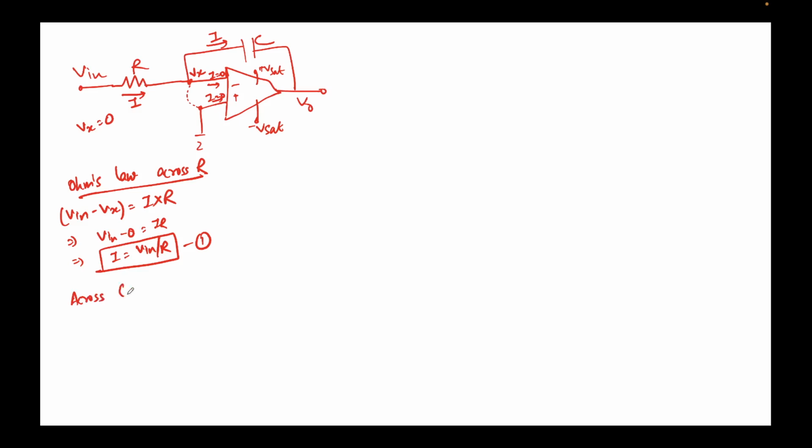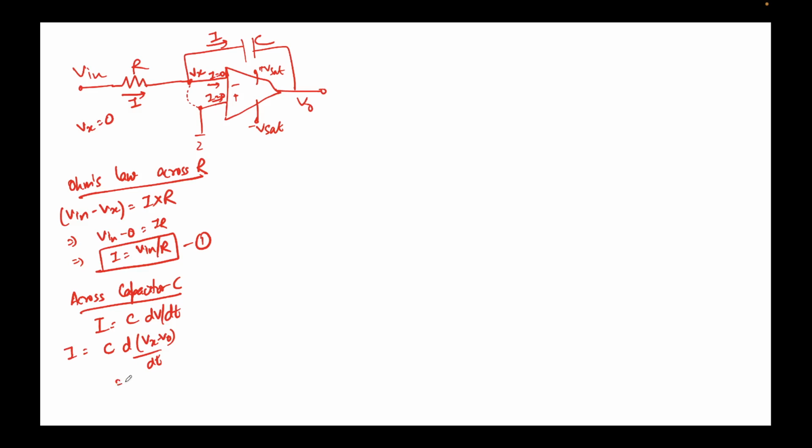Now across the capacitor C, we can write the expression: current flowing through the capacitor equals C dV over dt. This is a general expression for any current flowing through a capacitor. Now look at this capacitor. The current flowing through this, I, is equal to C dV over dt, where V is the potential difference across the capacitor. In this case, it's Vx minus V naught over dt.